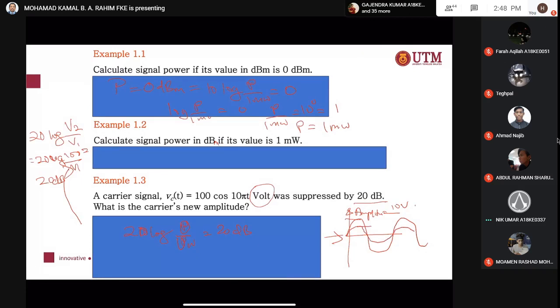So maybe this one becomes 5 volts. So in this case, what is the value of the suppression that you have? Okay, so you can define it based on whatever values that you have, 20 log. For example, 5 over 10, you suppress it by half. So what is this value? I need to use the calculator.